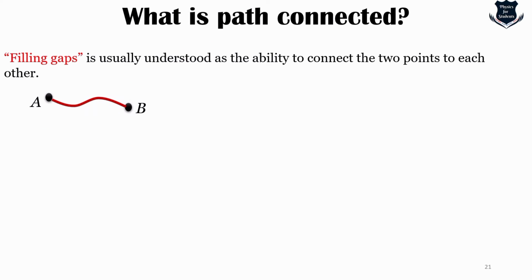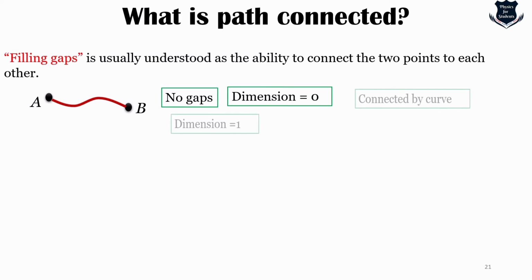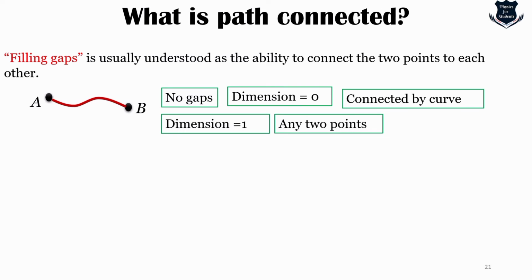Here you see there are 2 points, they are connected, so there are no gaps. If it contains dimension 0, it is connected by a curve, and the dimension is 1, and any 2 points can be connected. So any 2 points are connected by a filling of a curve, the dimension is 1, and featureless, it has no gaps, dimension 0.